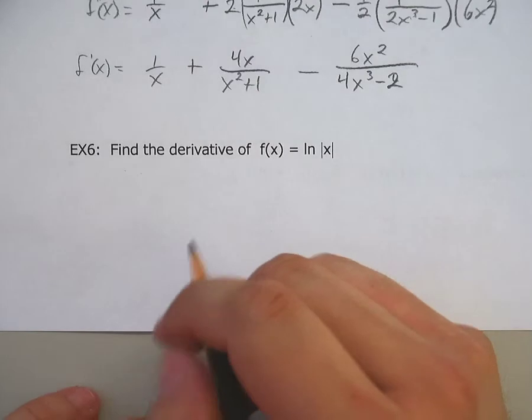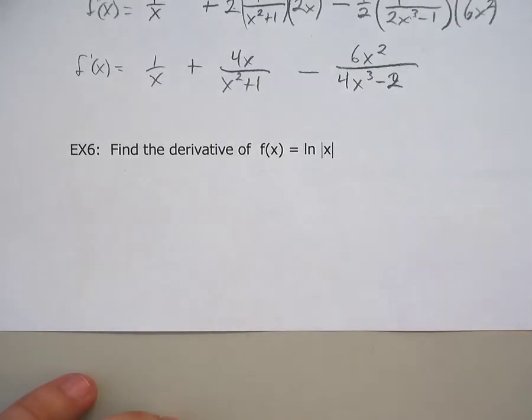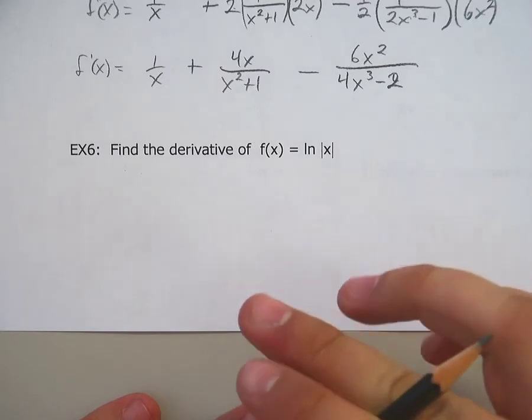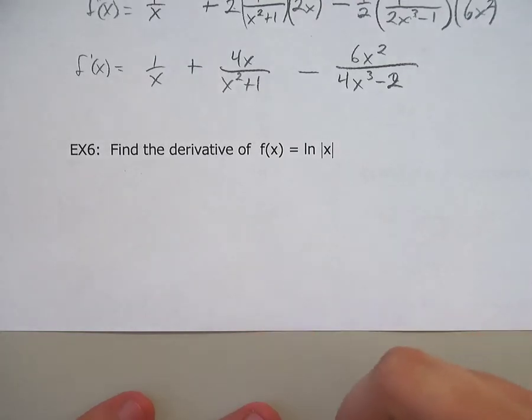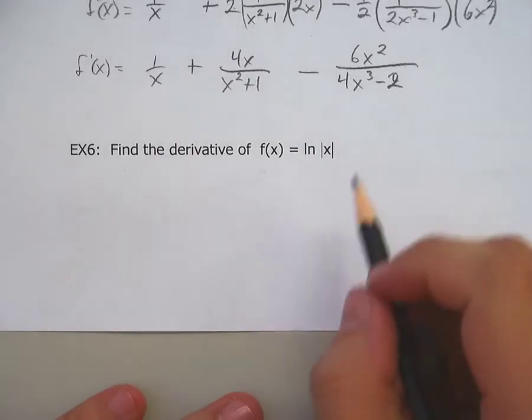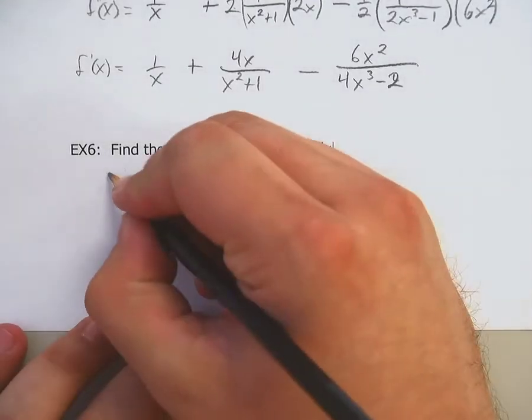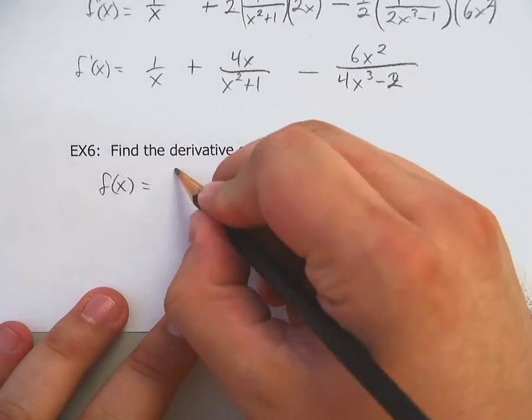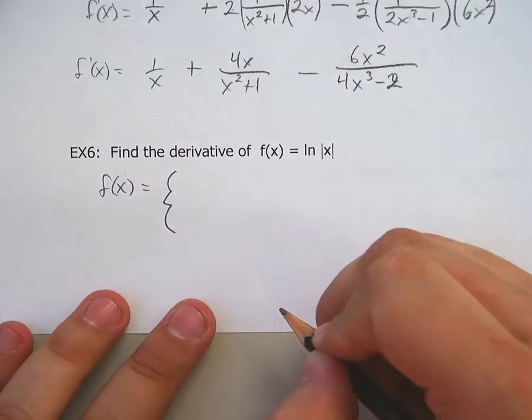Huh. The derivative of the natural log of x. Ooh, this one's good. All right, derivative of the natural log of the absolute value of x. To do derivatives of absolute values, if you will remember, the first thing we had to do was split it up into a piecewise.